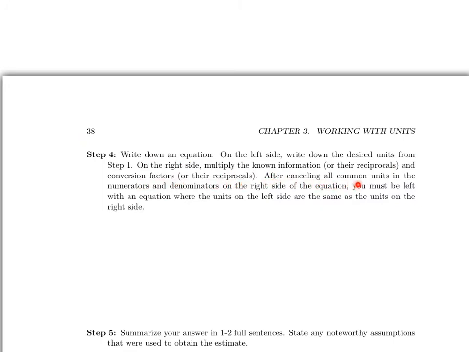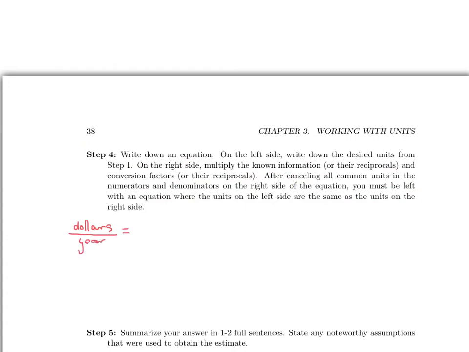After canceling all common units in the numerators and denominators on the right side of the equation, you should be left with an equation where the units on the left are the same as the units on the right. So let's try this out. On the left side of the equation, we should have the desired units. For this estimate, the desired units are dollars per year.